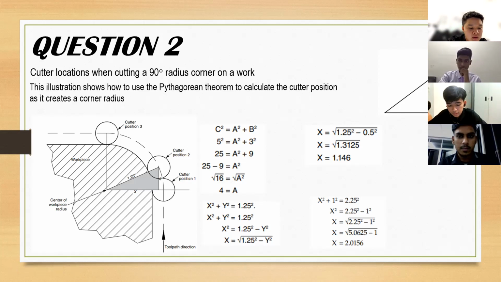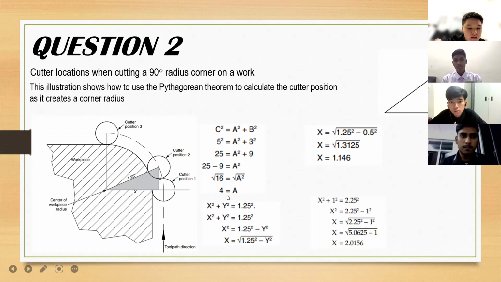Next, isolate the unknown variable by subtracting 9 from both sides of the equation to get 16 equals A squared. Finally, take the square root of both sides of the equation to get A. A equals 4. So the length of side A is 4.